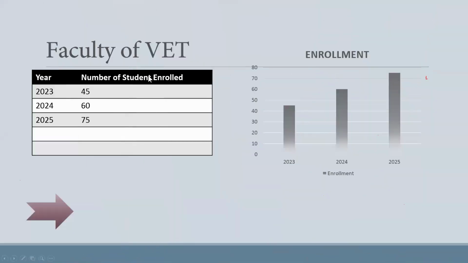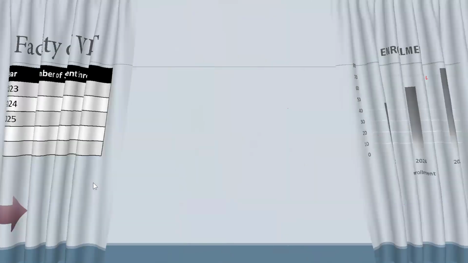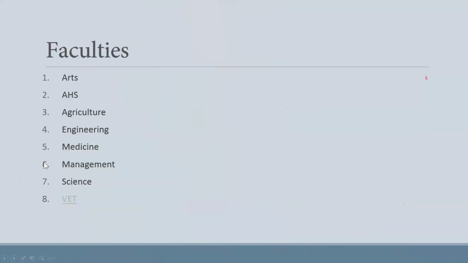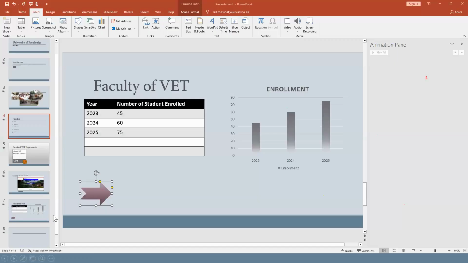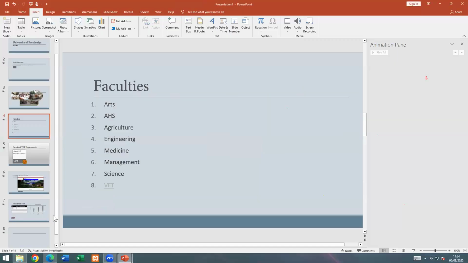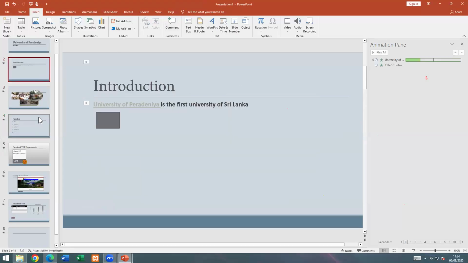Then you can see the slide is here. This is a hyperlink. When I click, it will show the 4th slide. You can add some action to text or an object to jump to a given slide.